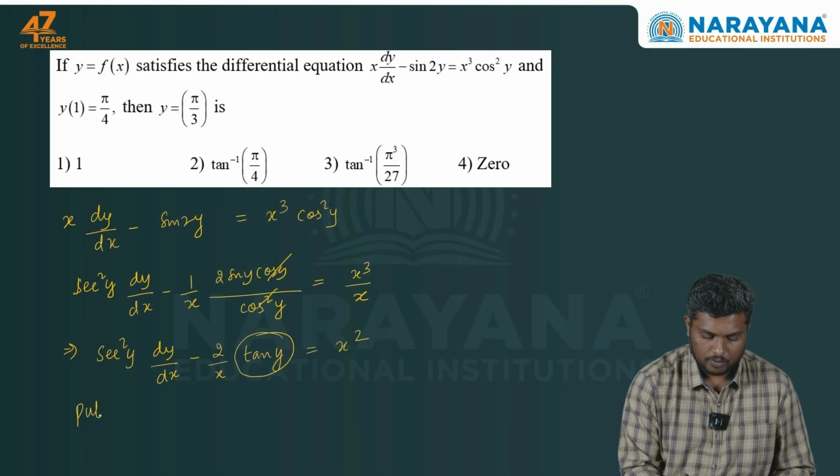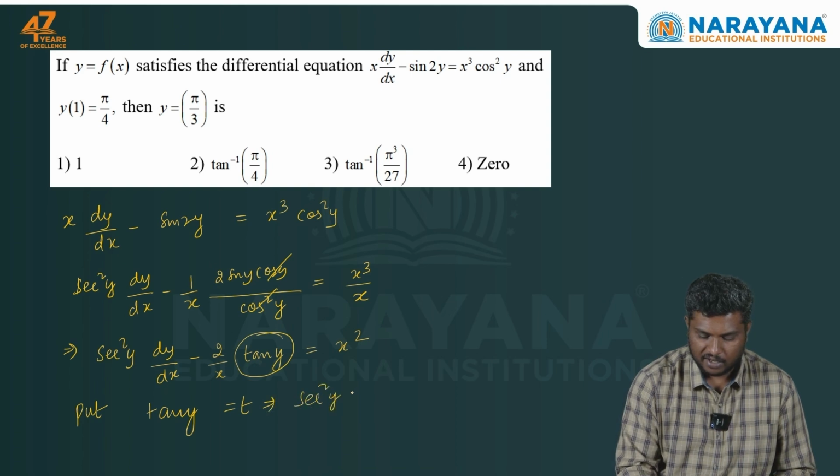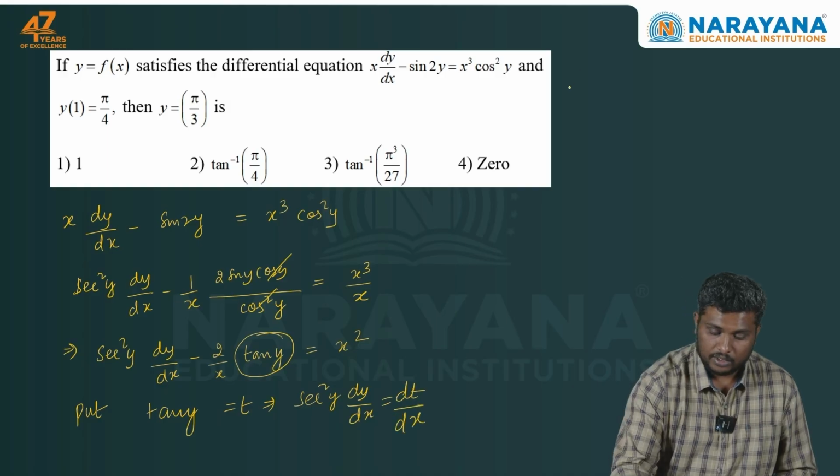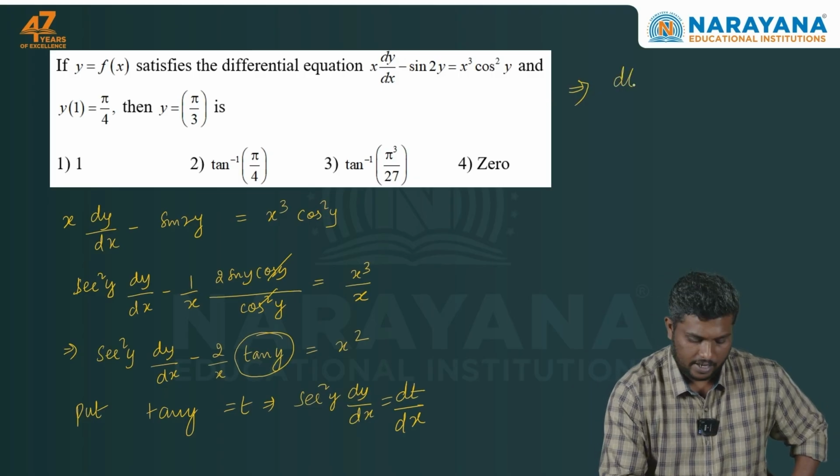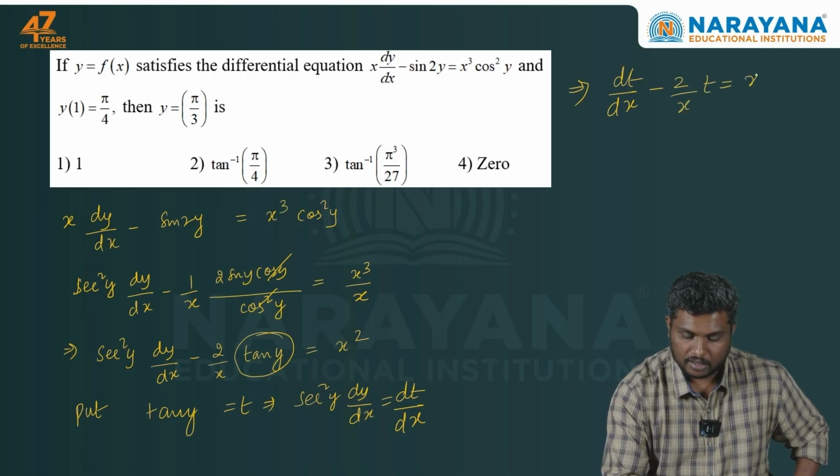So put tan y is equal to t, and then secant square y dy by dx will be equal to dt by dx. Now this becomes a linear differential equation in t. So dt by dx minus 2 by x into t is equal to x square.